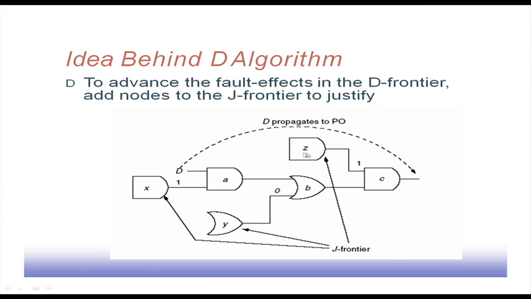Similarly, at this point, D propagates to the primary output, but for this gate Z, again, the output is at 1, but the inputs are not yet specified. So they remain at X. So these gates come to the J frontier. So basically we are trying to propagate this D frontier to some primary output, and in the process some J frontier gates get created, and those J frontiers are to be justified.